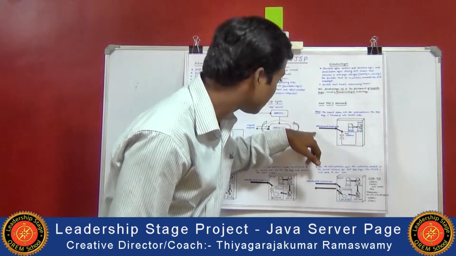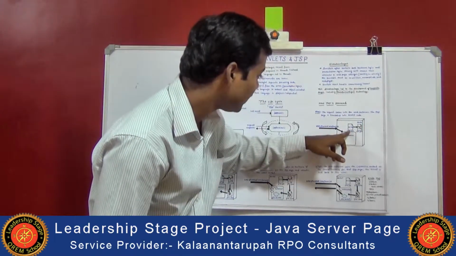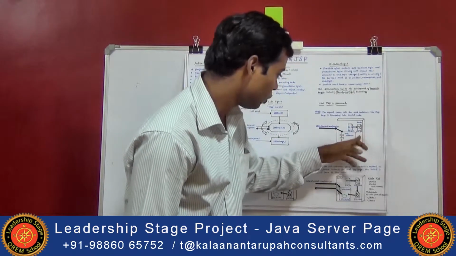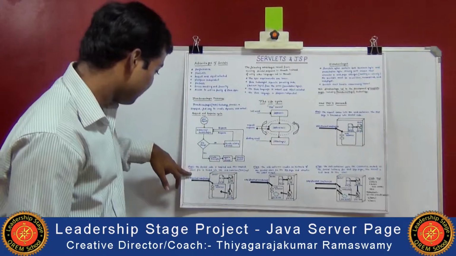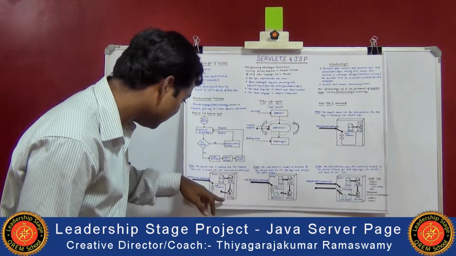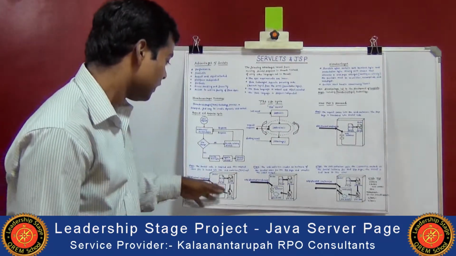Here, the request comes into the web container. The JSP page is translated into servlet code. In the next step, this servlet code is compiled, and this compiled class file is loaded into the web container.